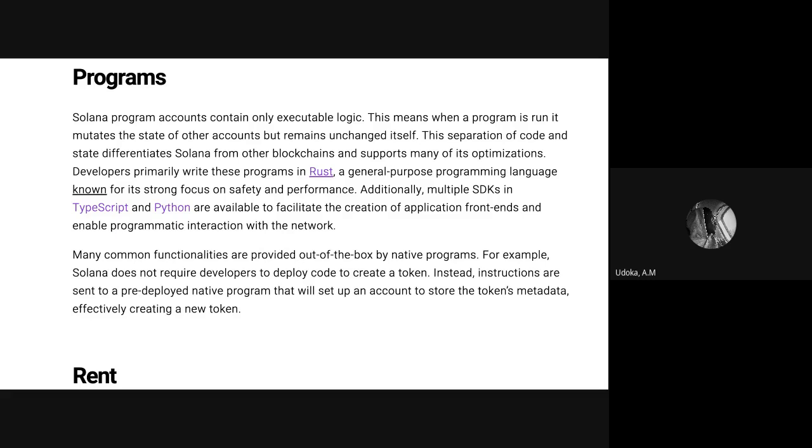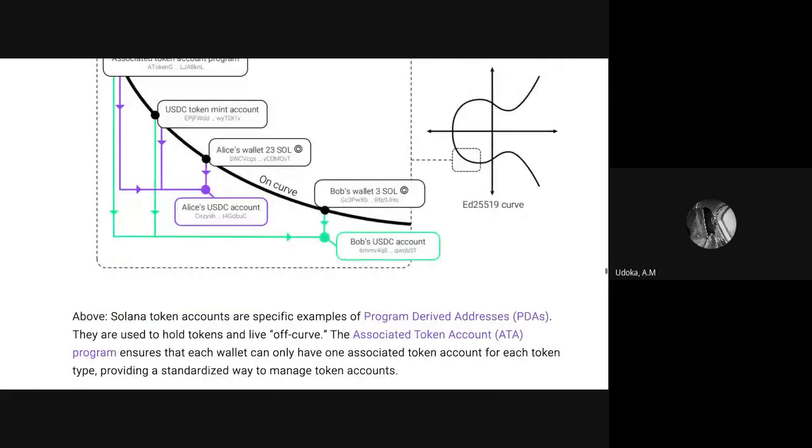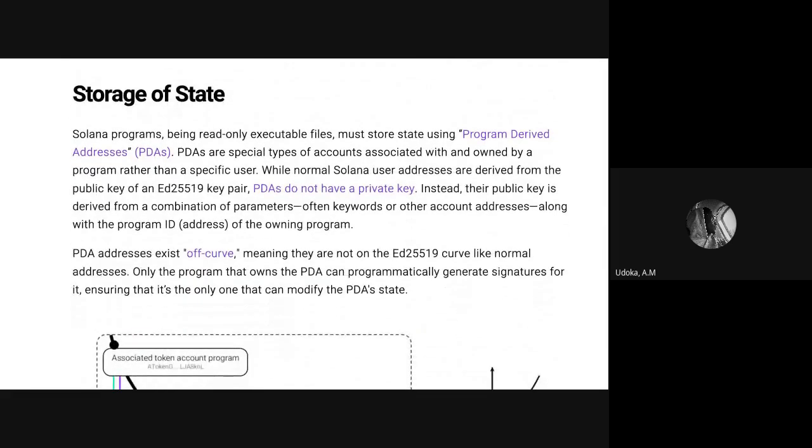So I write a program, a PDA now, whose job is to release tokens to the winners when winners are selected.